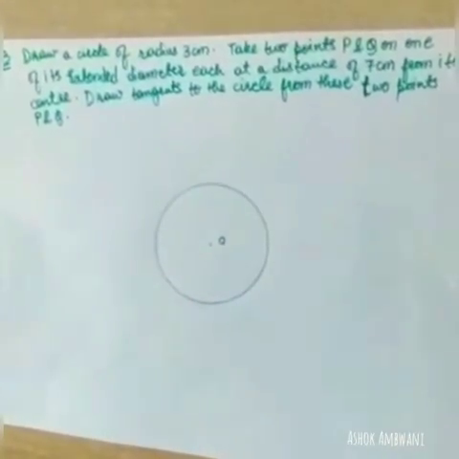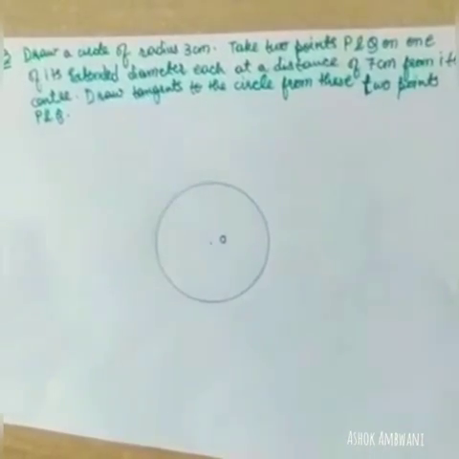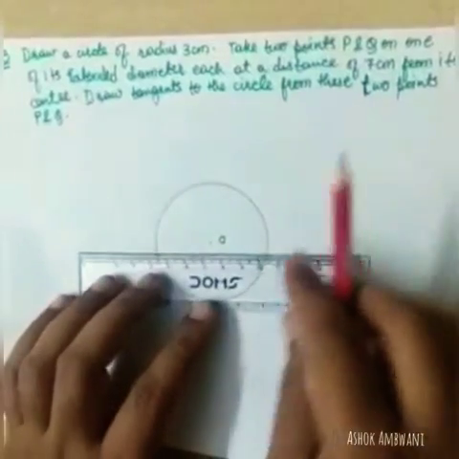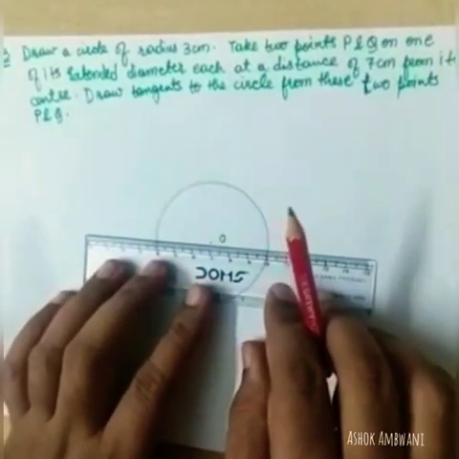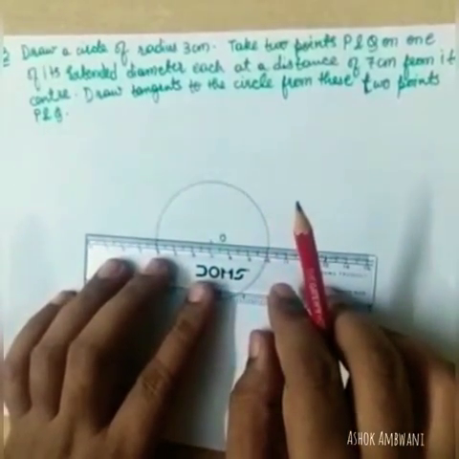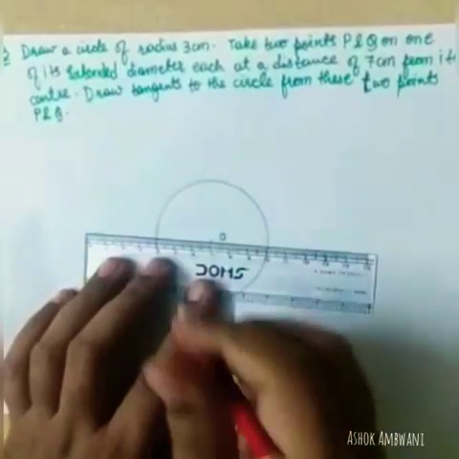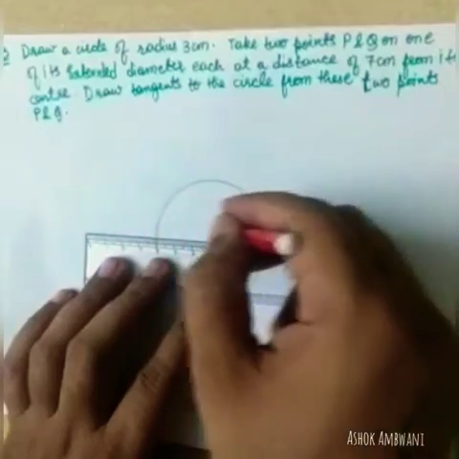Okay, now as they are telling, we have to draw first of all the diameter of this circle, and from the center of the circle point P is at a distance of 7 centimeters.